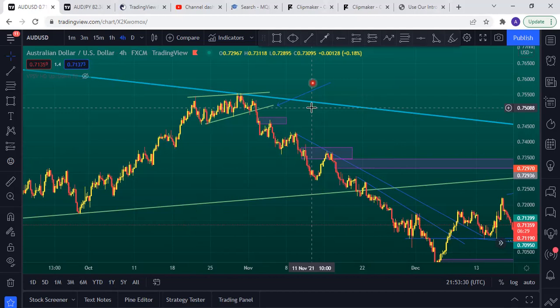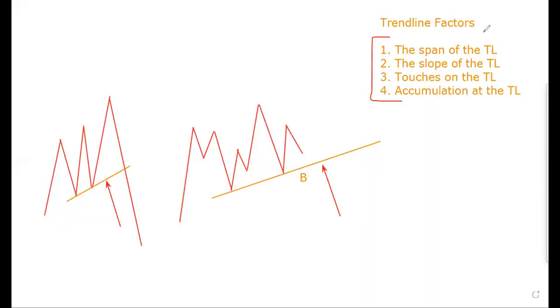Because these 4 criteria, once you understand them well enough and combine them with the other things that we're also going to be looking at when we start to talk about things like supply and demand zones, other blocks, high probability other blocks, and things like that, if you're able to combine it with this understanding of trend lines, you're actually going to be much better than at least 70% of traders in the financial markets.